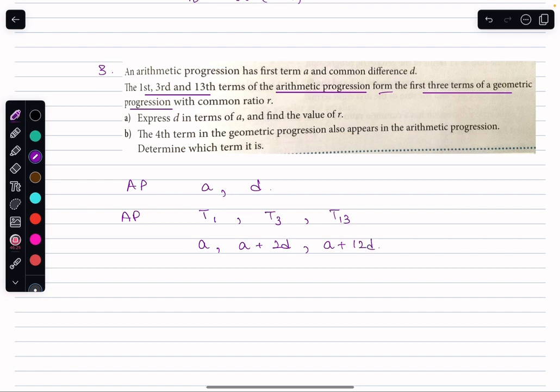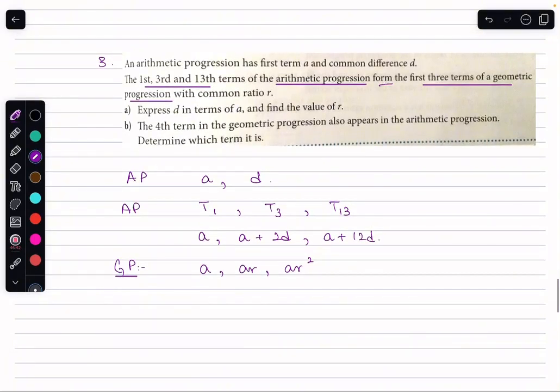These three terms form the first three terms of a geometric progression. For a geometric progression, the first three terms shall be a, ar, and then ar squared. So these three terms are forming the first three terms in the geometric progression here. So express d in terms of a and find the value of r then.